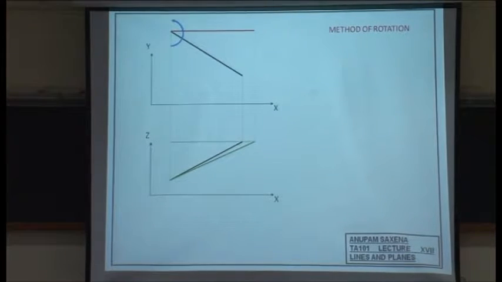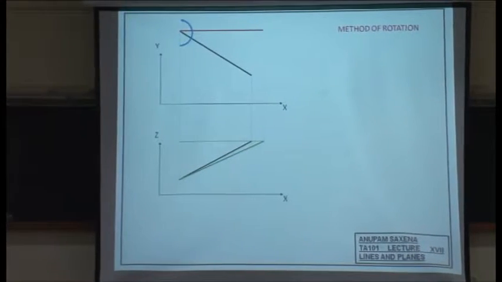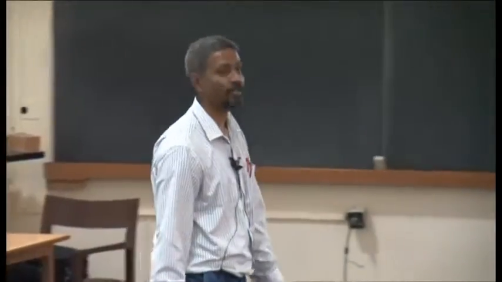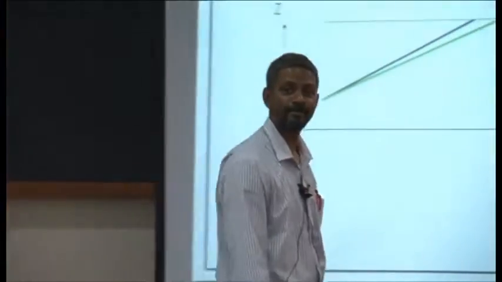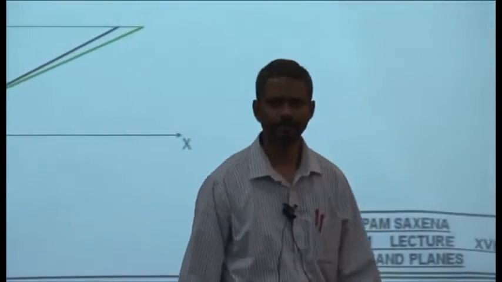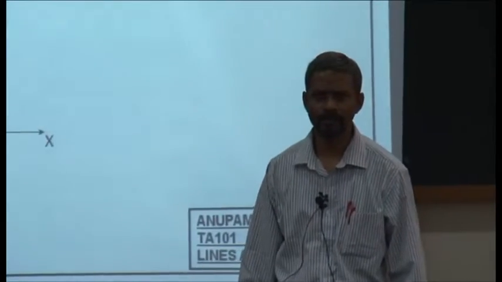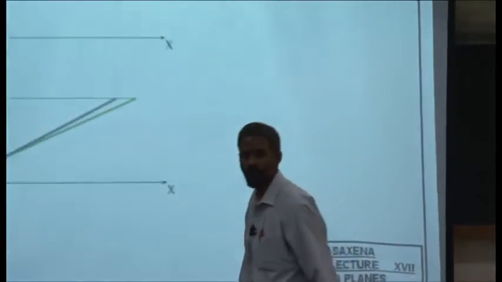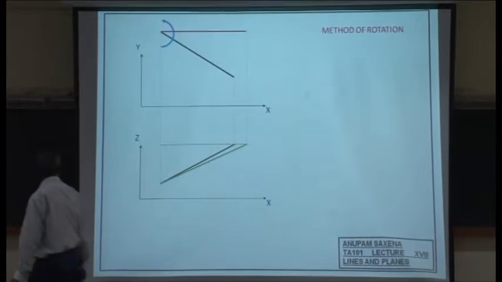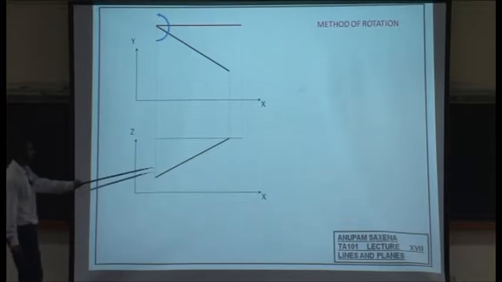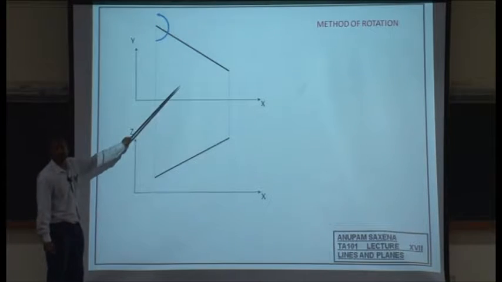Do you agree? Okay. We are rotating the line along Z. How is it going to rotate about Y? So remember that these two black lines, these are projections.